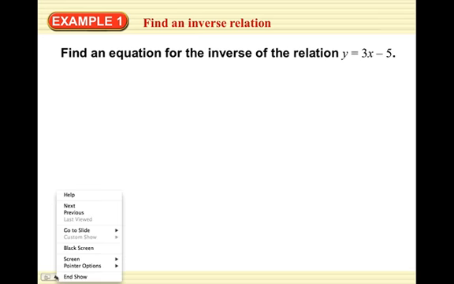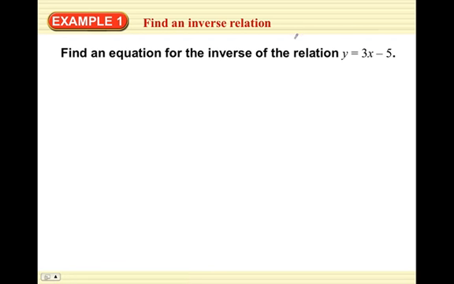Now, what I showed you earlier was just taking coordinates and switching them around, right? I'm not going to give you a question like that. Too easy, right? I'm going to give you an equation and say, find the inverse of this equation. Well, what happened with the coordinates x and y?